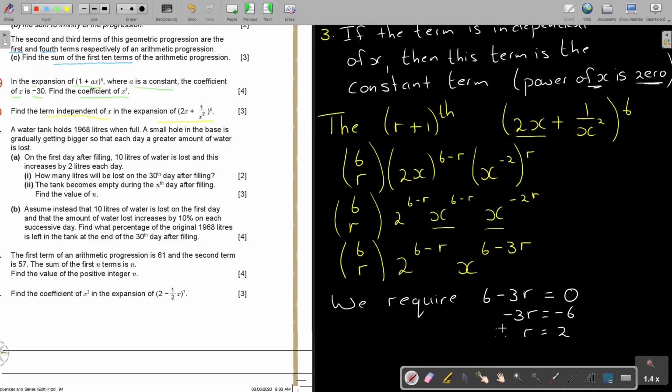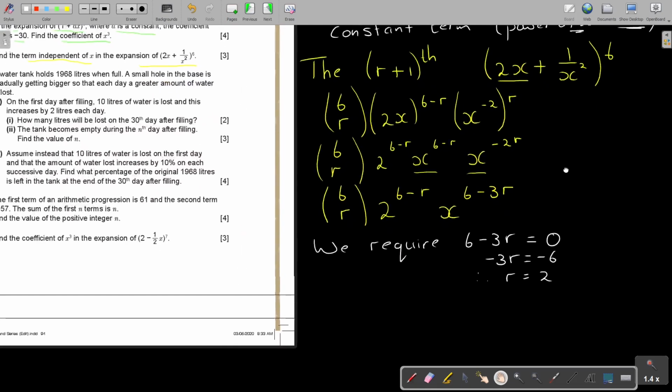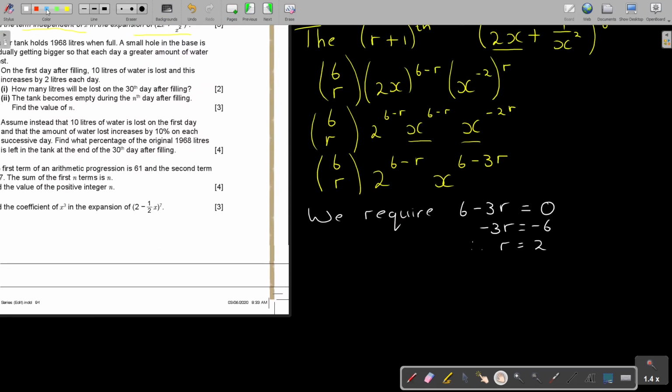Okay. So basically, I'm now going to say therefore the term independent of x is when r is 2.